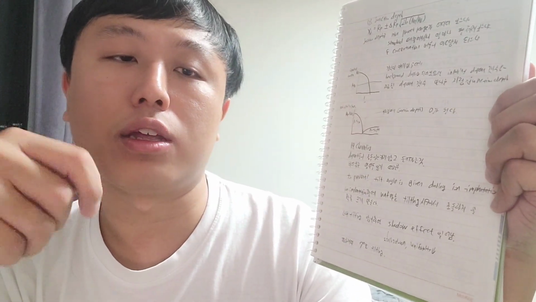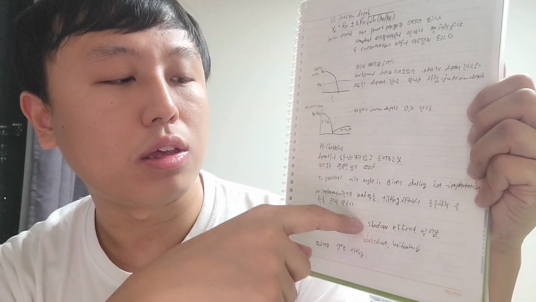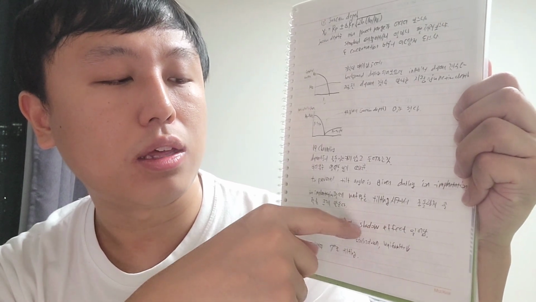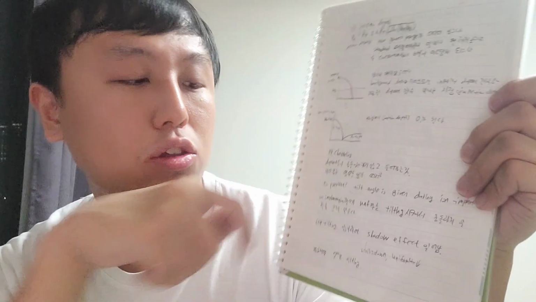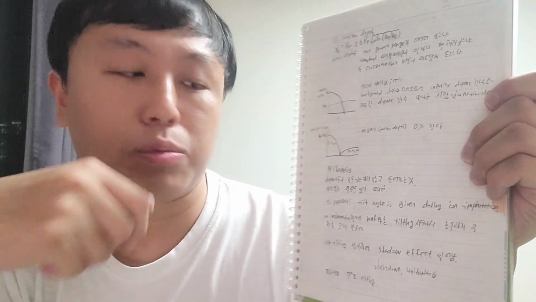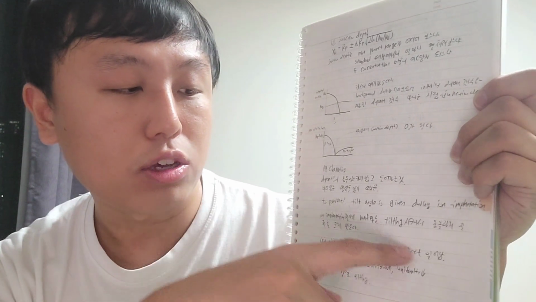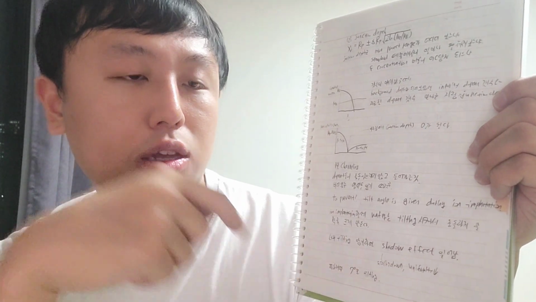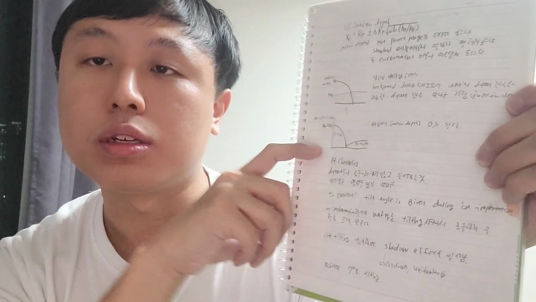But if we tilt too much, a shadow effect can appear, so we should not tilt very much. So in the semiconductor process, to prevent the shadow effect, we tilt by 7 degrees.